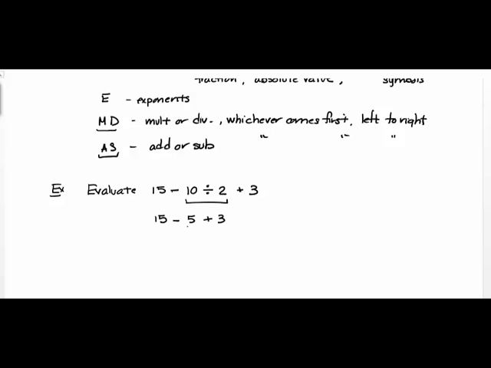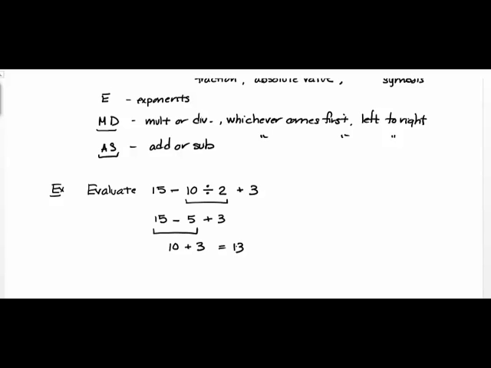And remember, since the addition and subtraction are the same level, whichever one comes first, left to right, is what you need to do first. So I'm not going to do this 5 plus 3 over here. I have to take the subtraction. I have to have 15 minus 5, which gives me 10 plus 3, or 13.